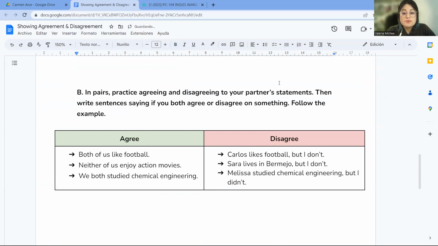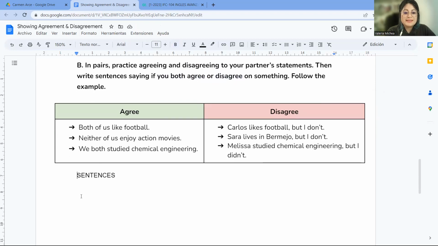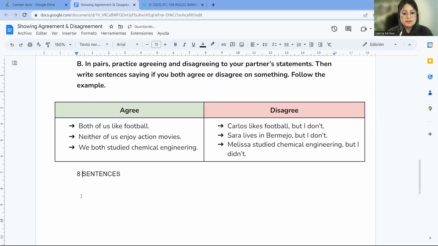Then you are going to write sentences in the same document here, saying if you both agree or disagree on something. I want you to write at least 8 sentences. You can write more than 8 if you want to.